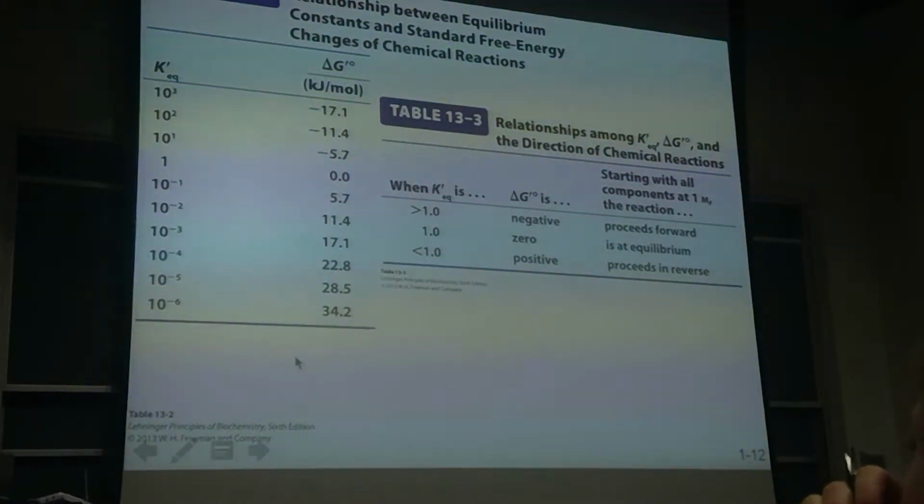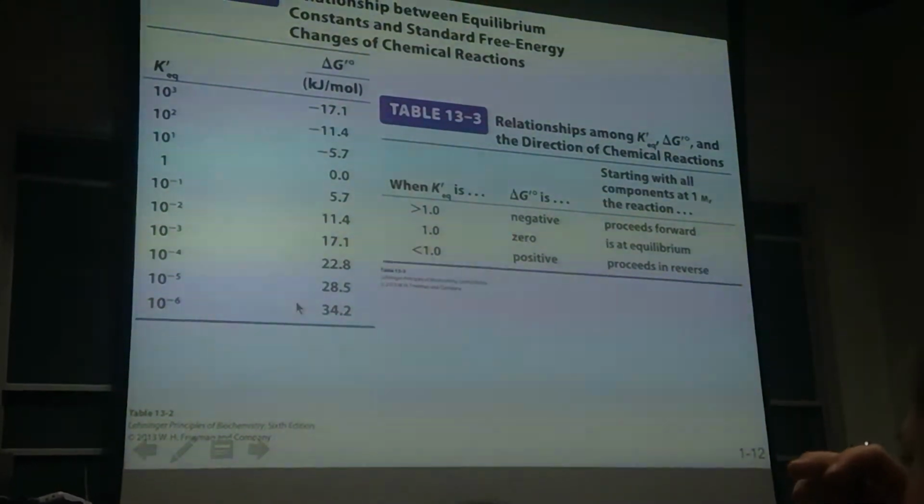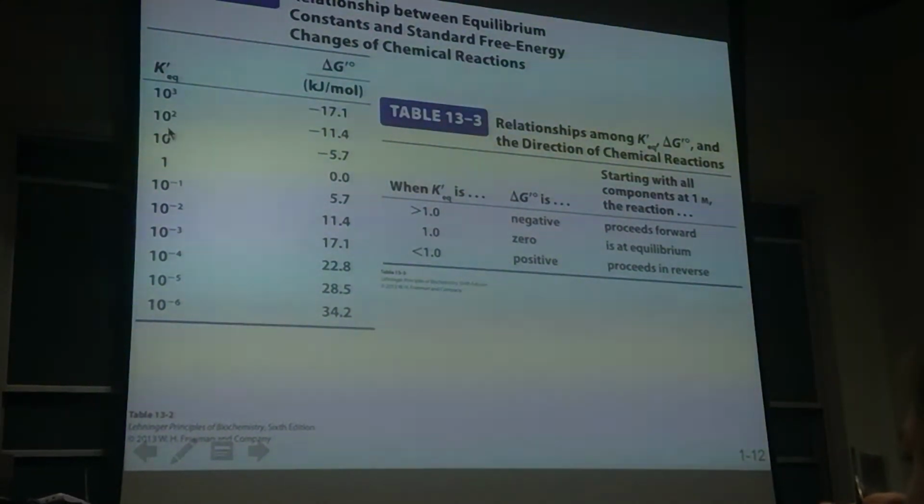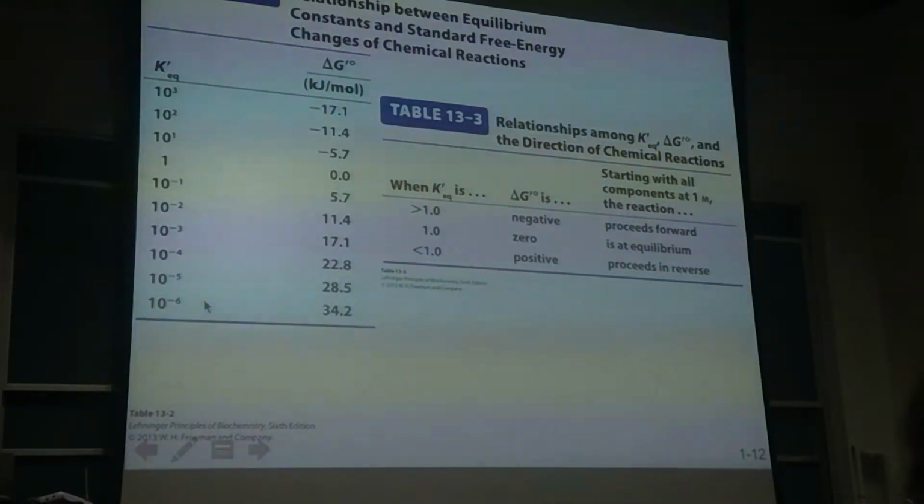When we look at K equilibrium, if I show a table, you definitely want to be going back to that. You're always thinking products over reactants. So this is 1,000-fold higher in terms of the products over reactants, and this is very low.